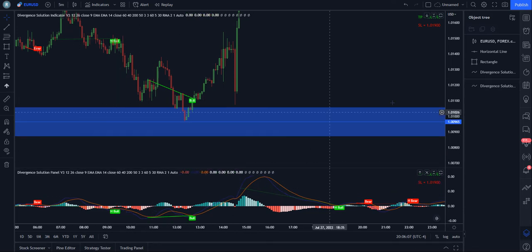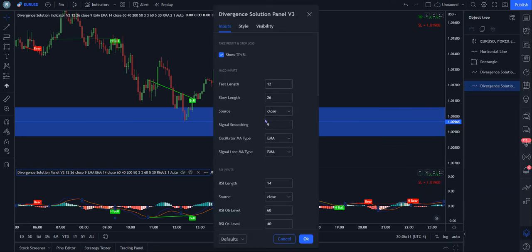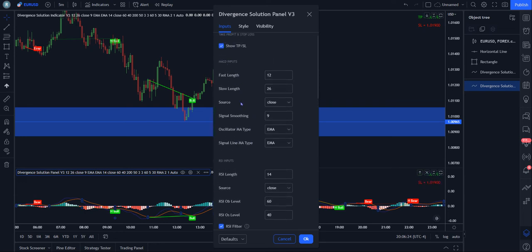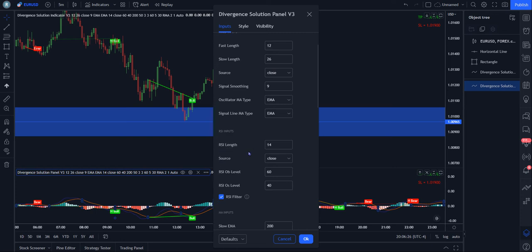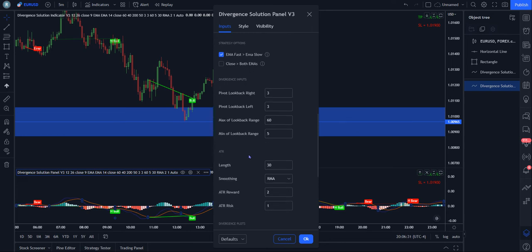With our indicator here, let me just quickly go into the settings. Up here, you can see it will give signals with take profit, stop loss. You can turn that on or off. You've got the MACD and the RSI, and you can change all these settings to what you're comfortable with.